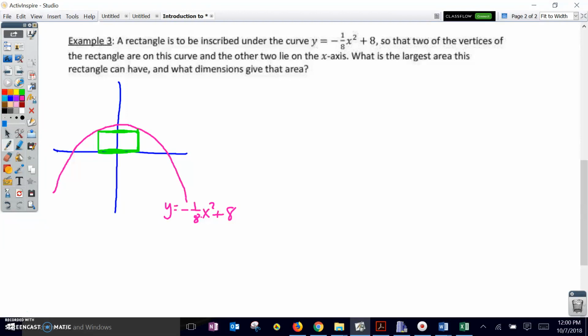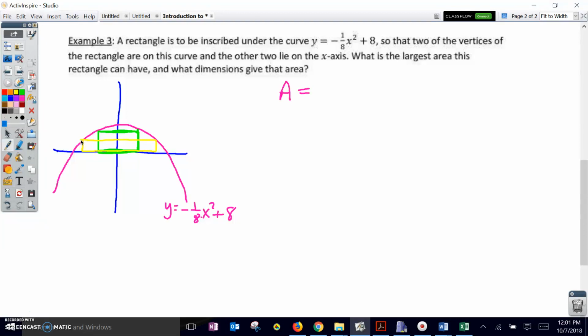Okay, so the hardest thing for me probably in this problem is coming up with the expression that represents the area of this rectangle. We'll realize that we've got multiple different rectangles that we could inscribe underneath here. We could have a rectangle that looks like this, or the original green one that I represented.